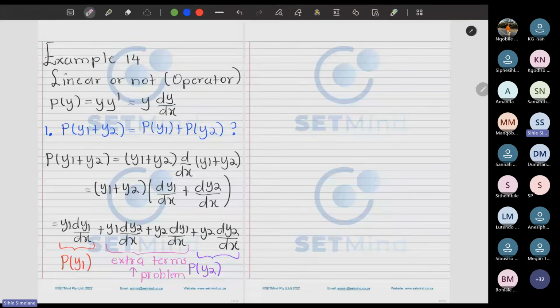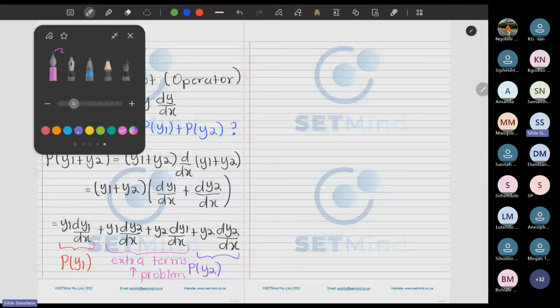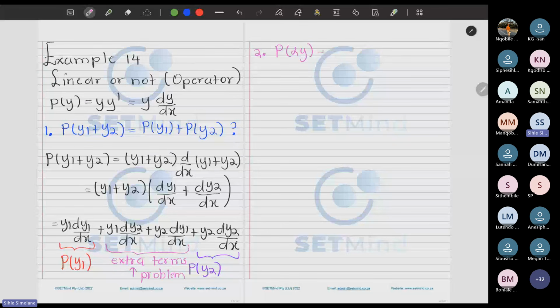But let's go to the second test. Test number 2 says that if you have an operator, when you put in alpha times y, you should get alpha times p of the operator acting on y. So let's try this on ours. It means I'll have p of alpha y.